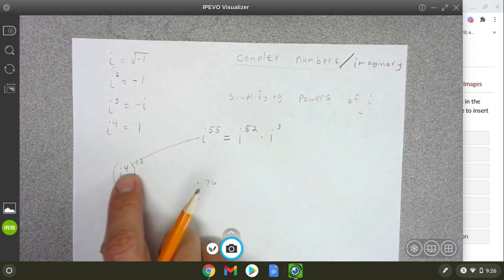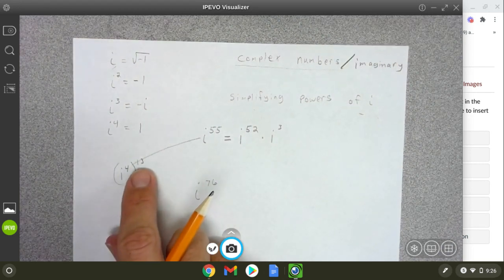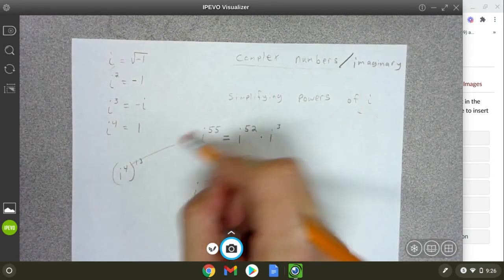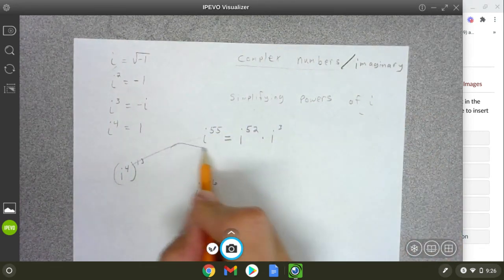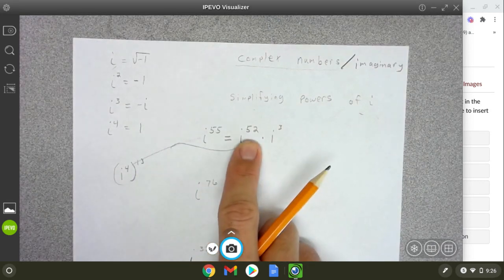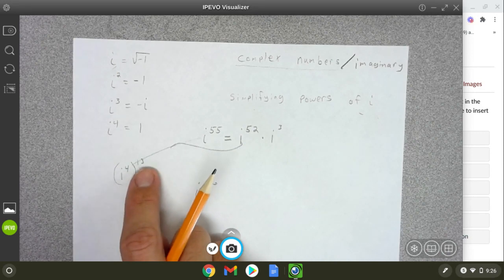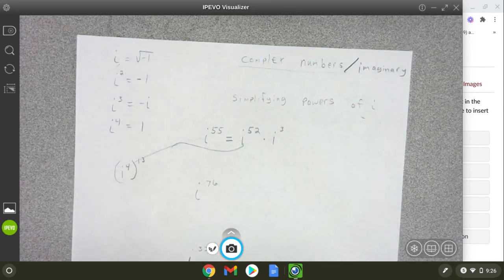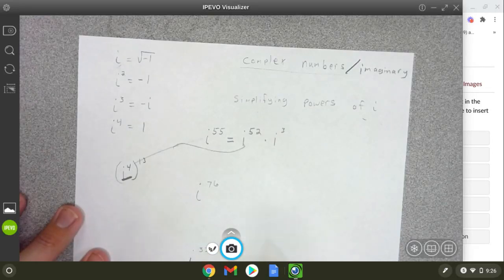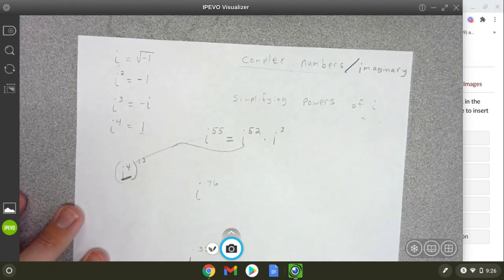Because when you have a power to a power, you can just multiply those exponents, and 4 times 13 gives us the 52. Now this i to the fourth is equal to 1. And so you get 1 to the 13th, which is equal to 1.